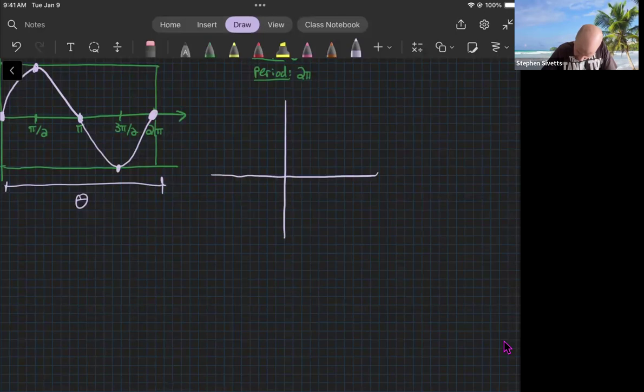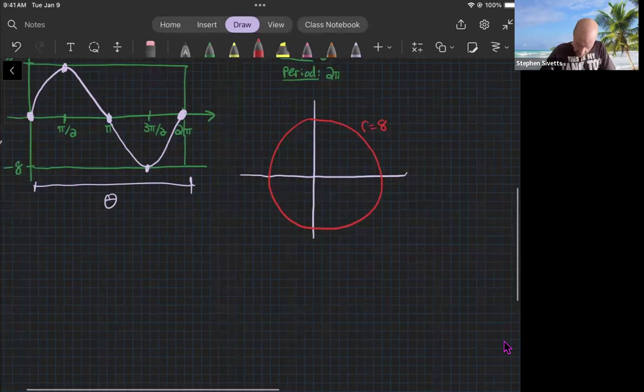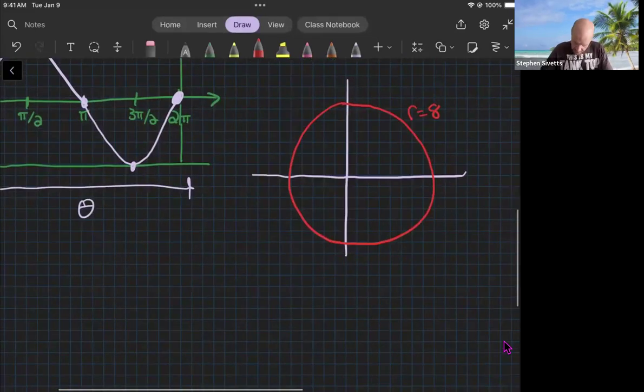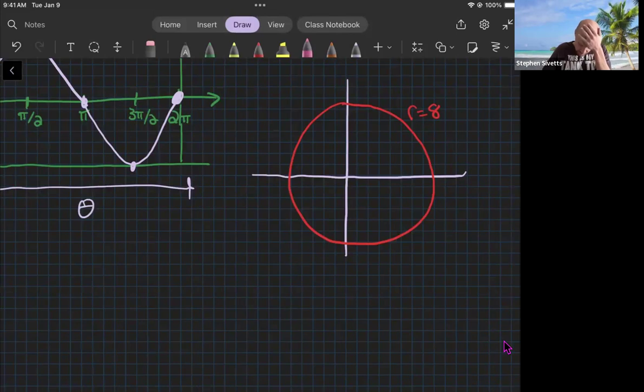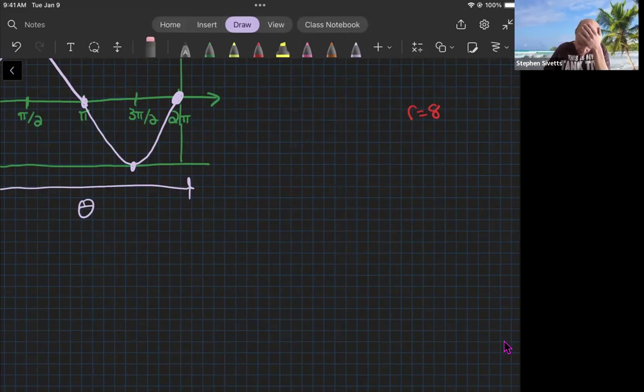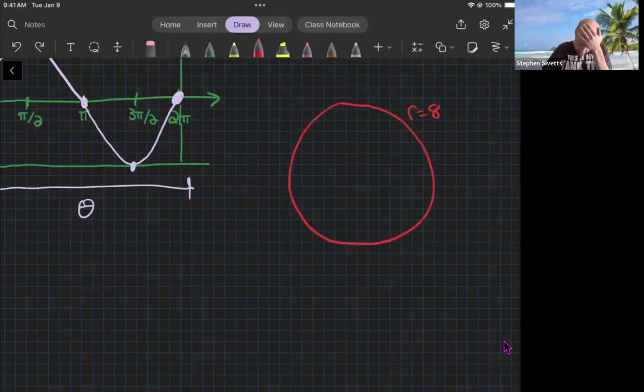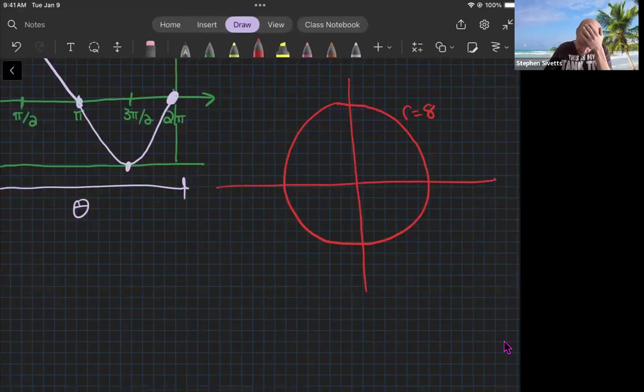So we want to draw in a circle of radius 8. All right. And then our polar graph, I'll draw this out, in the same color. And let me label these axes in a different color. Just see what it looks like.